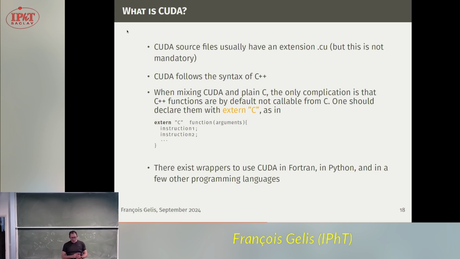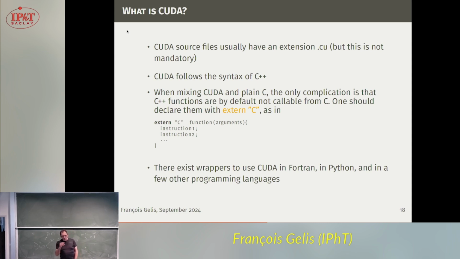For instance, you have a library for doing fast Fourier transforms in CUDA. You have a library for doing linear algebra in CUDA. So for those familiar with that, you have the implementation of BLAS, basically linear algebra software, I think, for CUDA. You have a few other packages already written in CUDA that you can just reuse and not program yourself.